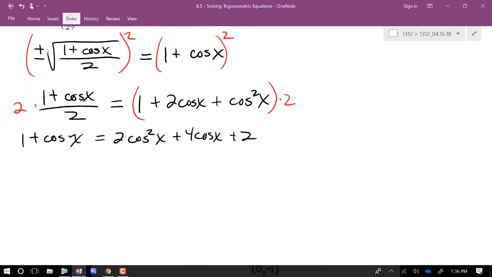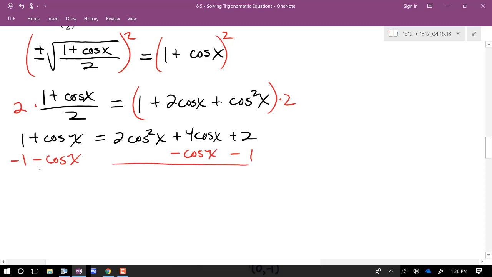So we could subtract 1 and subtract cosine x. And we get 0 equals 2 cosine squared x plus 3 cosine x plus 1.